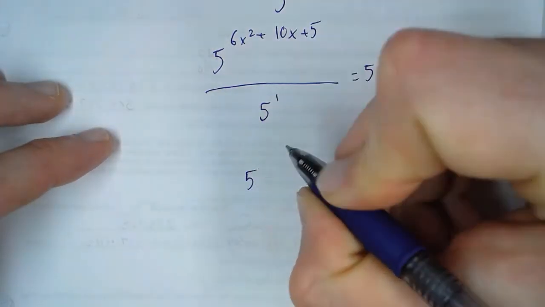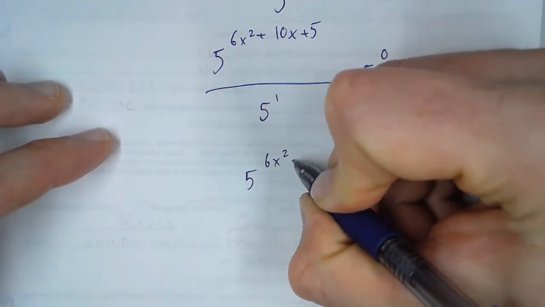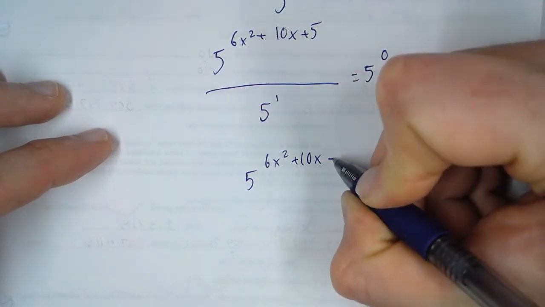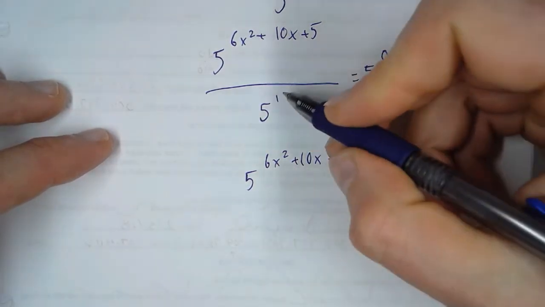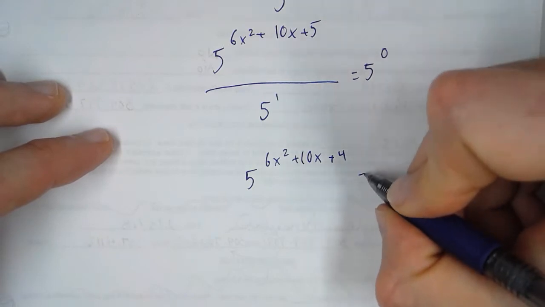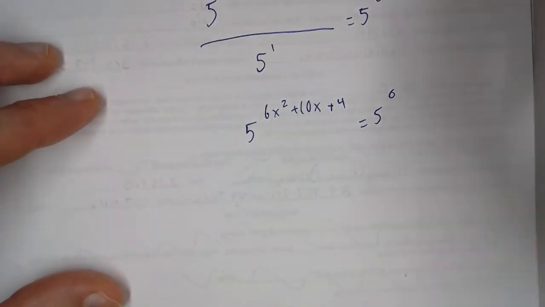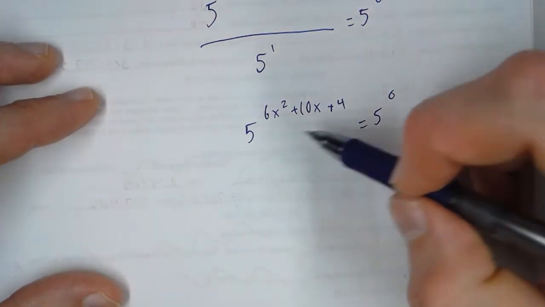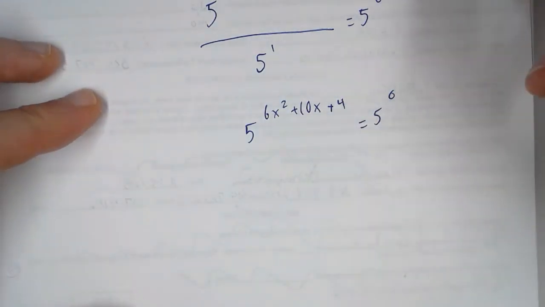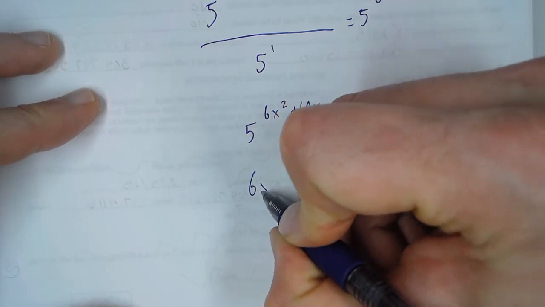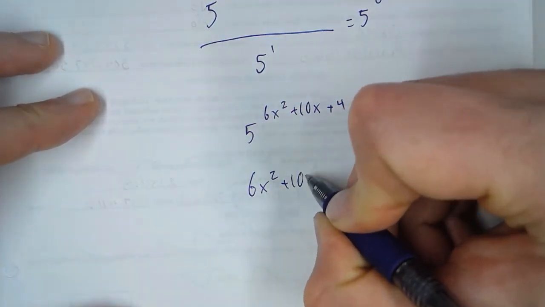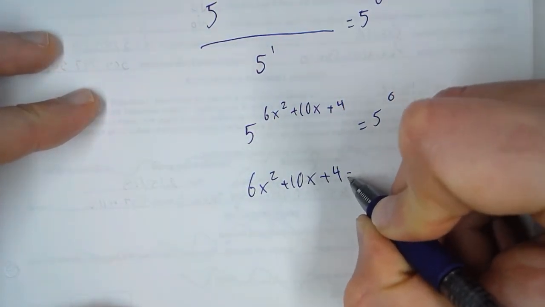So that means we have 5 to the 6x squared plus 10x plus 4, because we subtract 1 from 5, and that equals 5 to the 0 power. So now, these two quantities are equal, and their bases are equal, so therefore the powers are equal. So that means 6x squared plus 10x plus 4 equals 0.